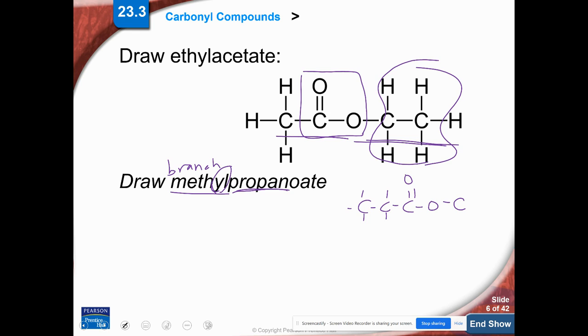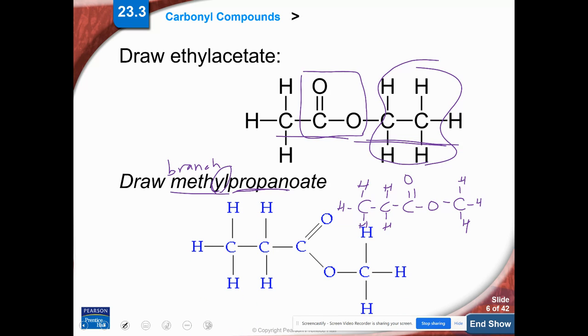Oxygen is all set with its 2. And then that carbon needs that. And at the end of all of these lines are H's. Okay. There we have our methyl, right? That's this part. And then our propanoate.